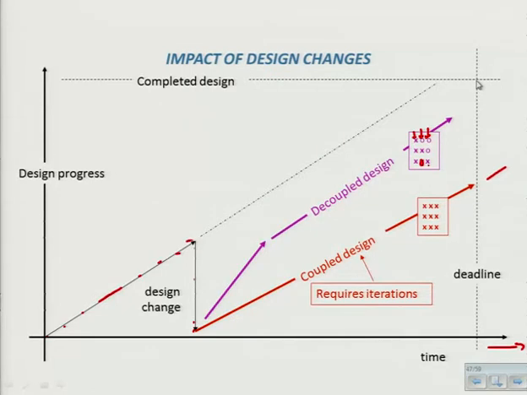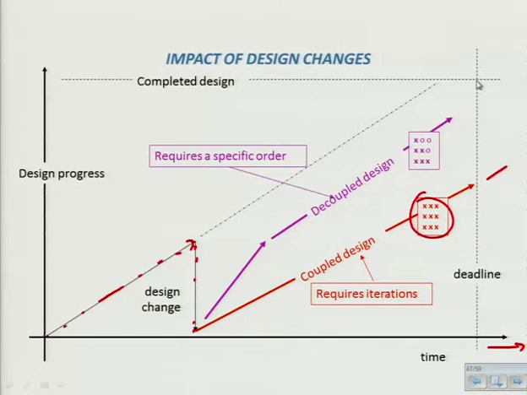So we know what the order of design is, and we can concentrate our efforts on that first DP, and then we'll look at the second, and then the third. So I can organize the design team to move ahead, as long as when that design change hit, I had a triangular matrix. So this requires, as we said, a specific order.